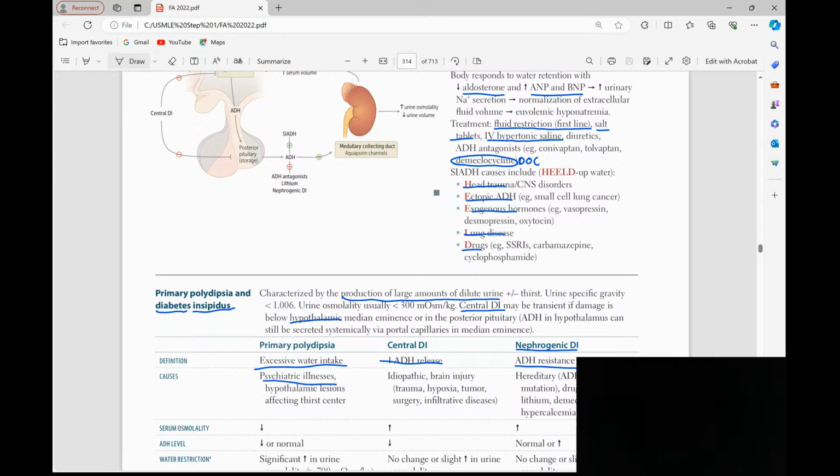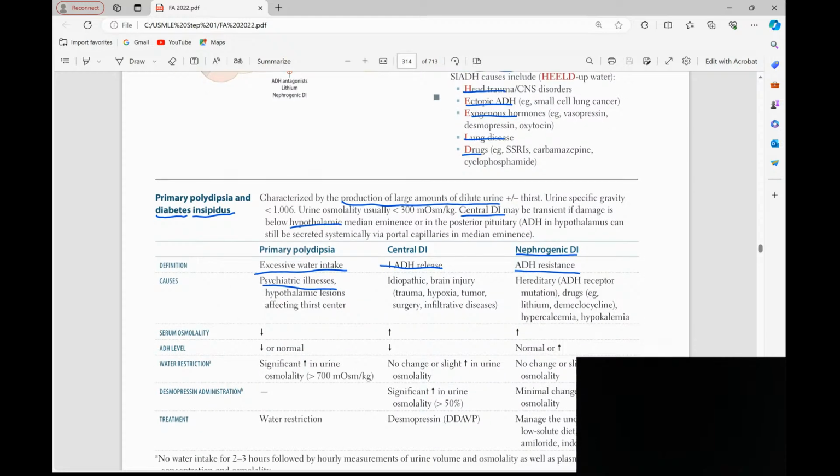And how we'll differentiate it is with water restriction. If it is primary polydipsia and the patient is not taking water, that will increase urine osmolality. But in diabetes insipidus, there will be no change.